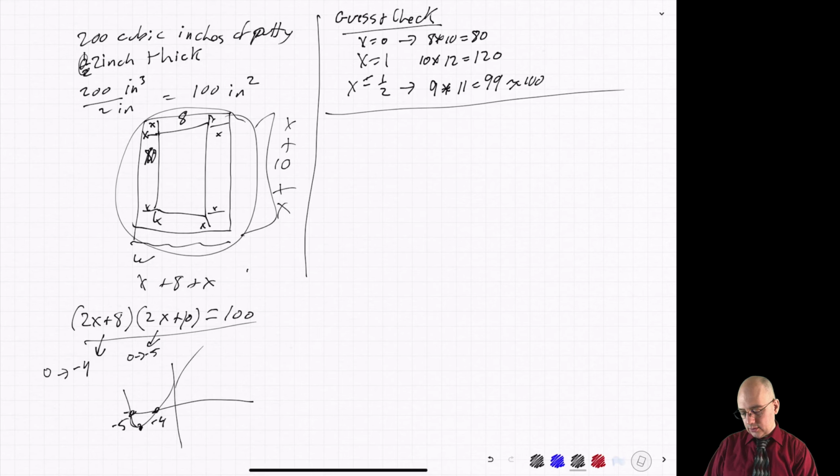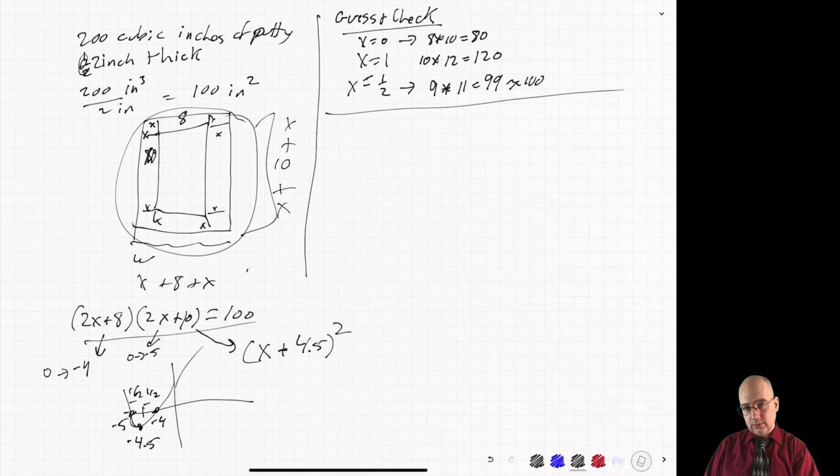And so our vertex here is -4.5. That's halfway between -5 and -4. In particular, this distance here is 1/2. So that tells me, for my completing the square stuff, that I can write that part as x plus 4.5.